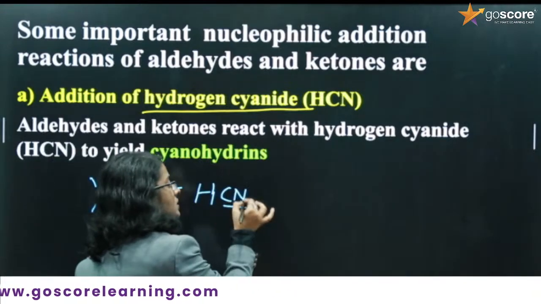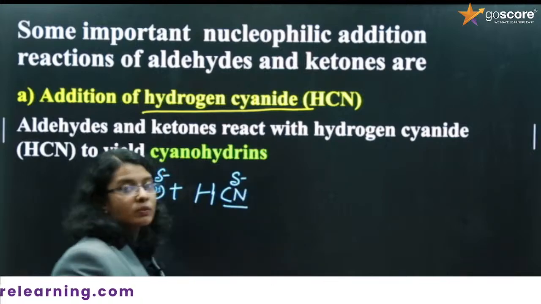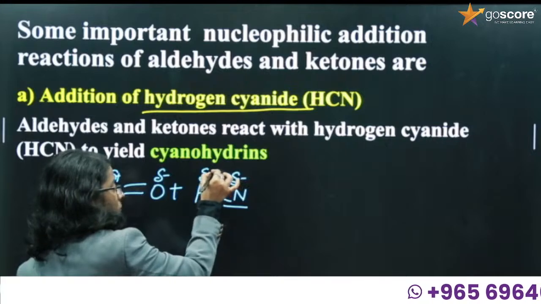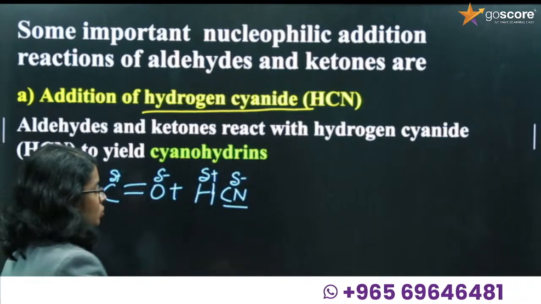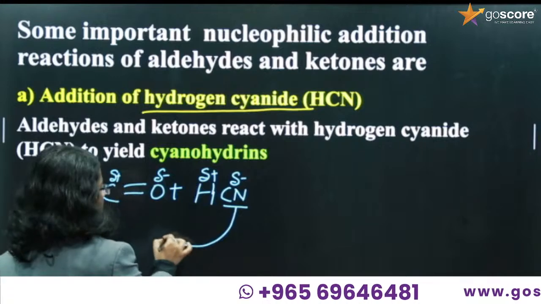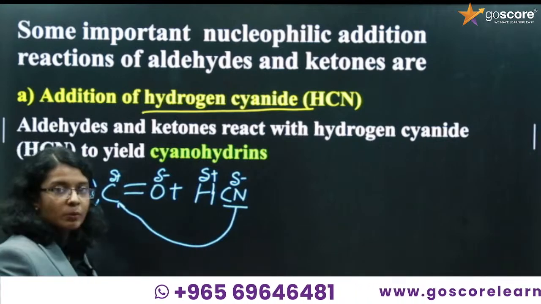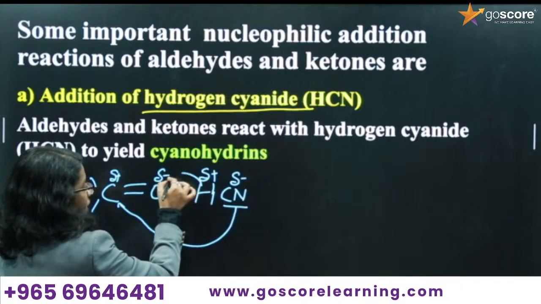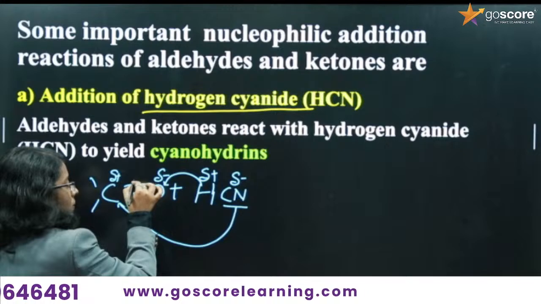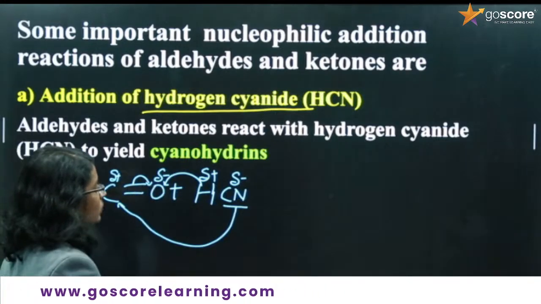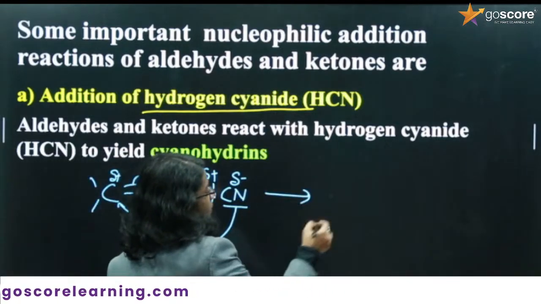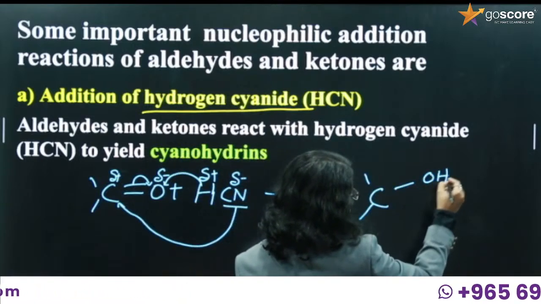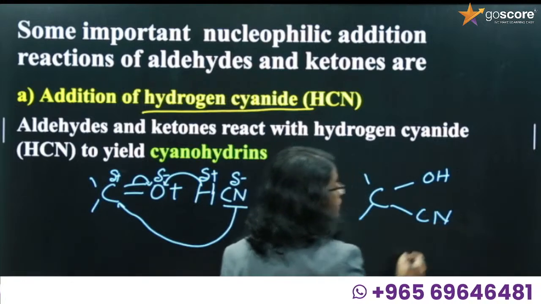The CN minus acts as a nucleophile. So the CN group will attach to the carbon because opposite charges attract. The hydrogen will be attached to the oxygen, and the bond will break. So you will get C, OH, CN.